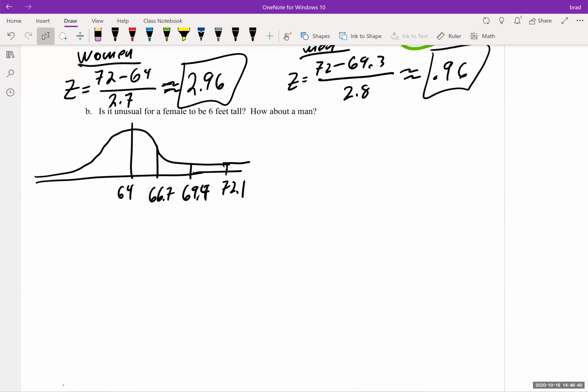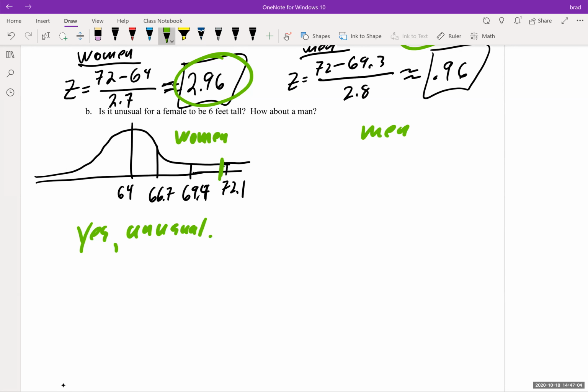In this case, a woman that is 6 feet tall is 2.96 standard deviations, so that would be right about here somewhere, almost at 72.1. So I would definitely say yes, unusual. And the rule of thumb is normally 2 standard deviations. Now let's look at the drawing for men.